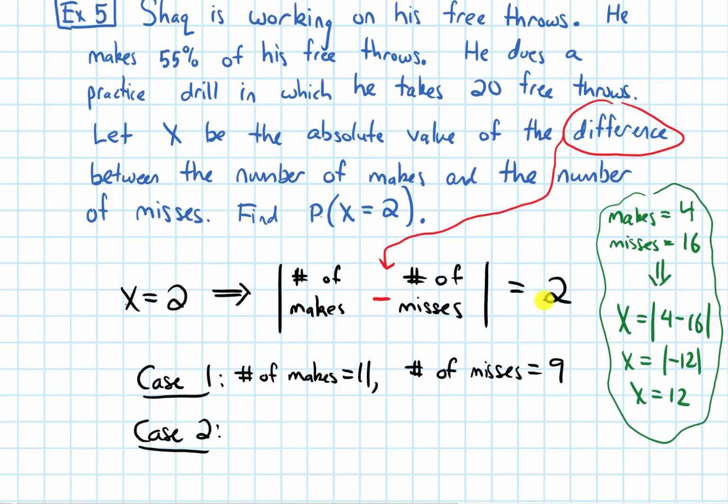But also if I switch it, if the number of makes is 9 and the number of misses is 11, then after I subtract, 9 minus 11, I get negative 2. When I take the absolute value, I get positive 2, like I need it to be. So we have to work out the probability in each of these cases next.